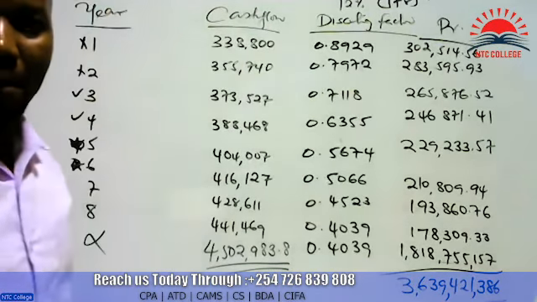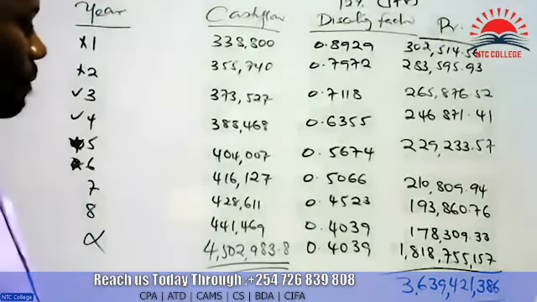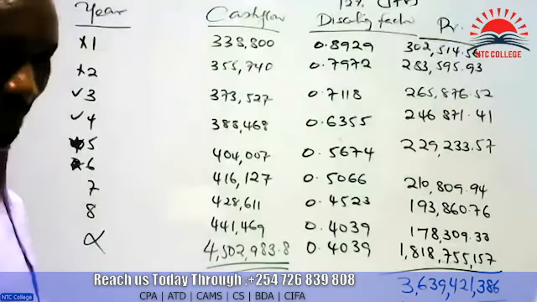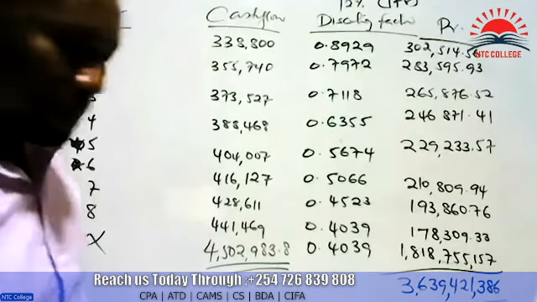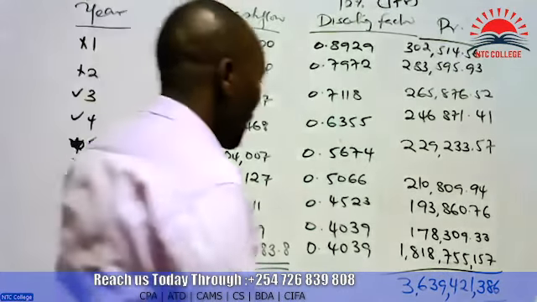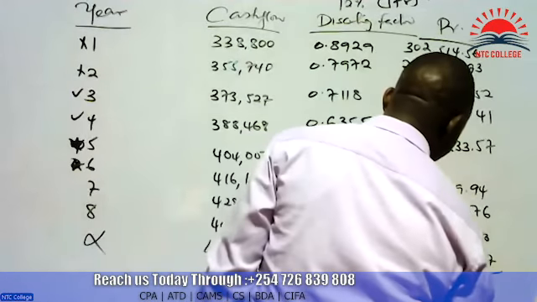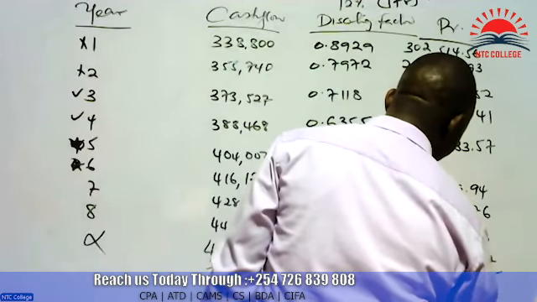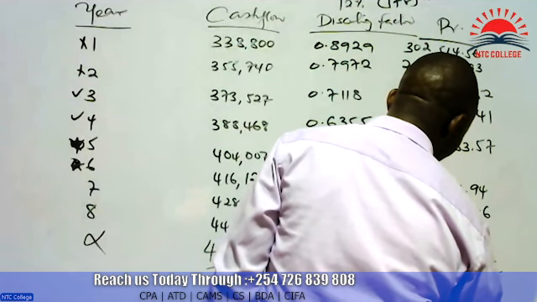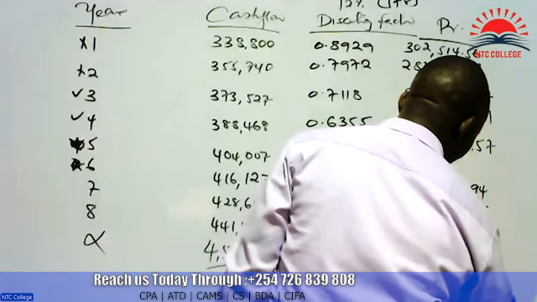I'm getting 3,729,827.64. So 9 is not correct. Okay, 3 million 729,827.64.